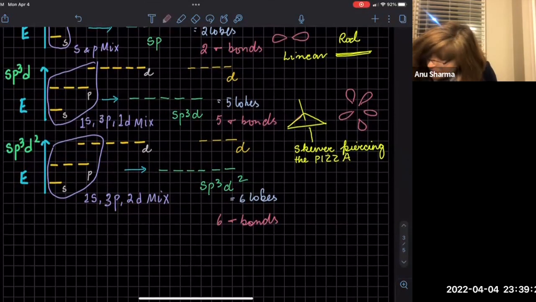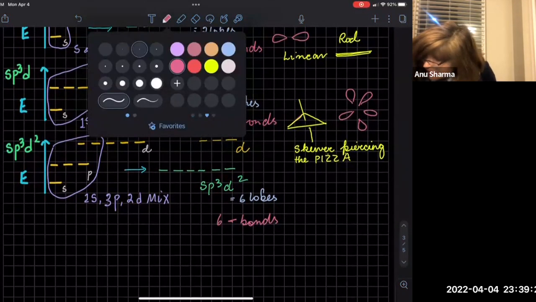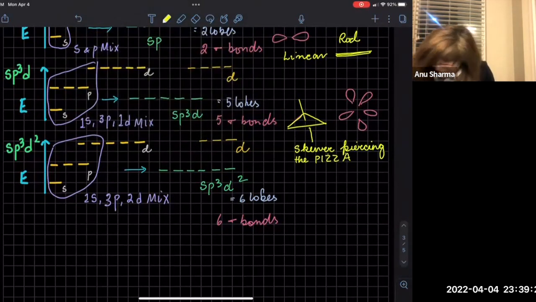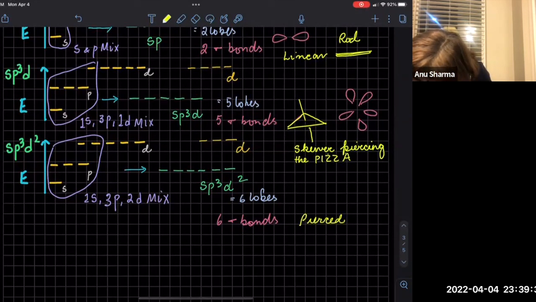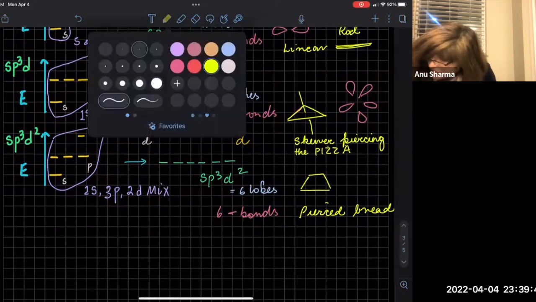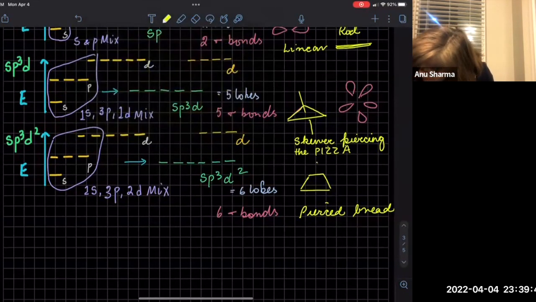Okay, the last one is like a bread being pierced. Like a pierced bread. Just like you have a bread looking like a loaf, a small slice of bread, and you pierce it with something, a needle or something, it goes top and bottom.